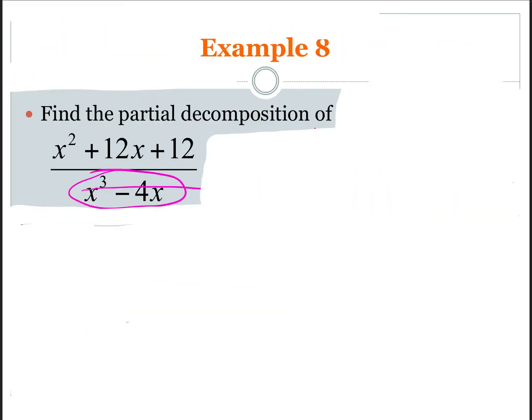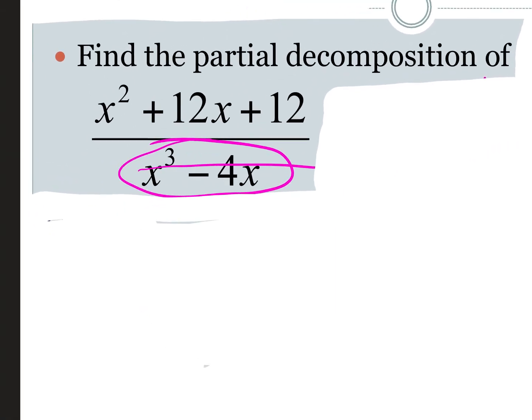For this example, we have x squared plus 12x plus 12 all over x cubed minus 4x. For this one, our denominator is not factored for us, so we're going to factor the denominator. We can take an x out, and we just get x squared minus 4. You can still factor that x squared minus 4, so you're going to have x times x minus 2 times x plus 2.